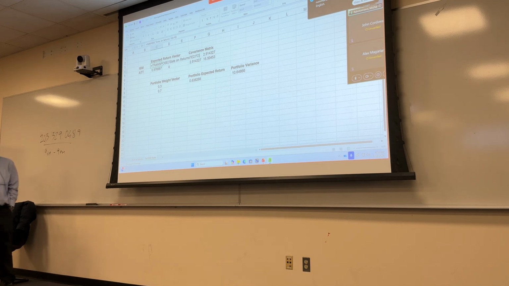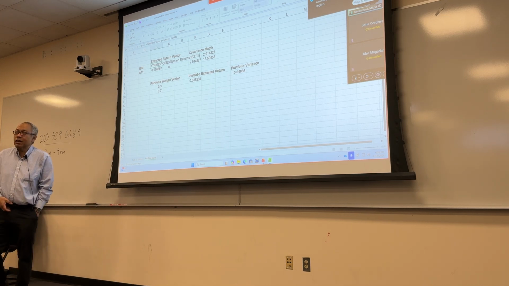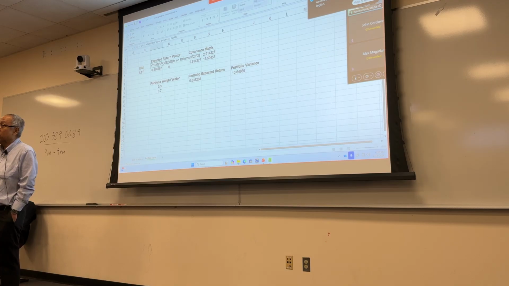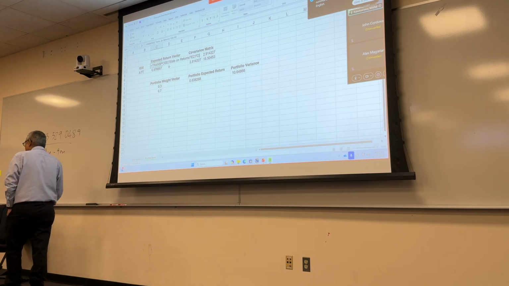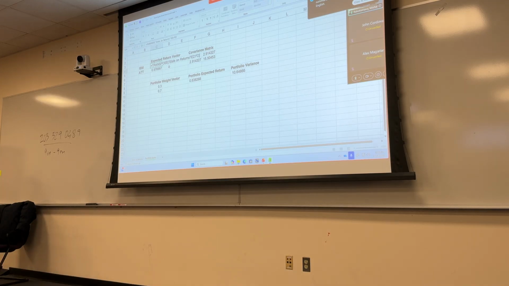Why do we need it? Well, in the formula for, let's say, portfolio return, we need the weights in the form of a vector. The other thing we need is this covariance matrix. We all see that?